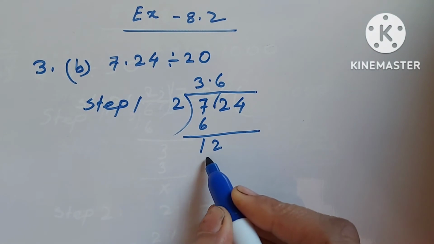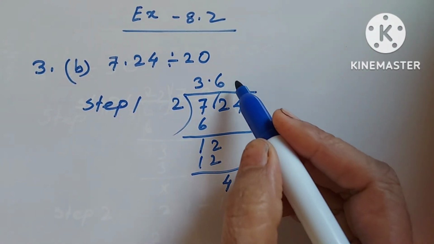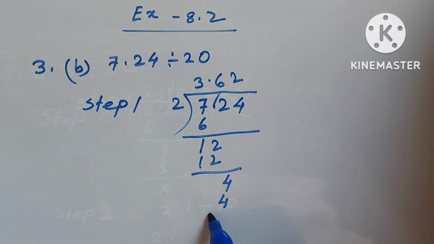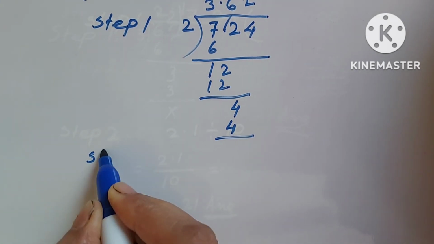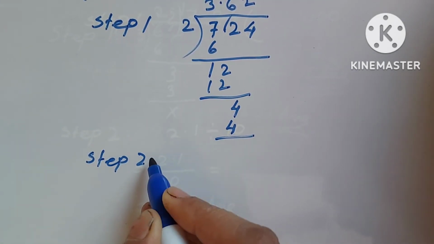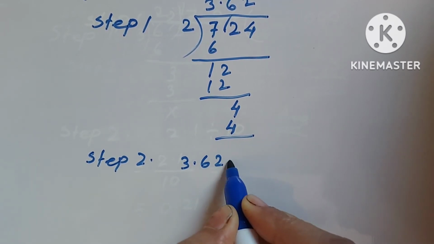After subtraction we get 1, and then 2, 6 2 is 12, and after we get 4, 2 2 is 4, so 3.62.